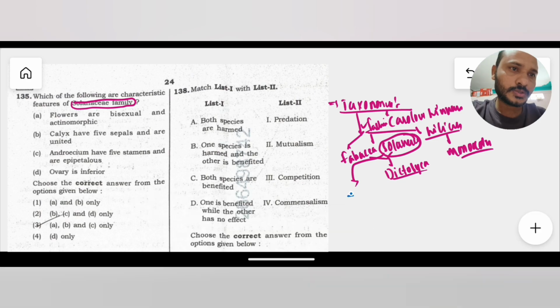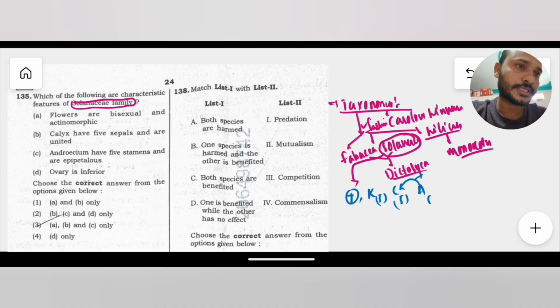The plus sign indicates an actinomorphic flower, and K5 means the sepals are 5 and united. C, corolla, means the group of petals; they are also 5 and united. Androecium means the group of stamens. There are 5 stamens, and these stamens attach to the petals.